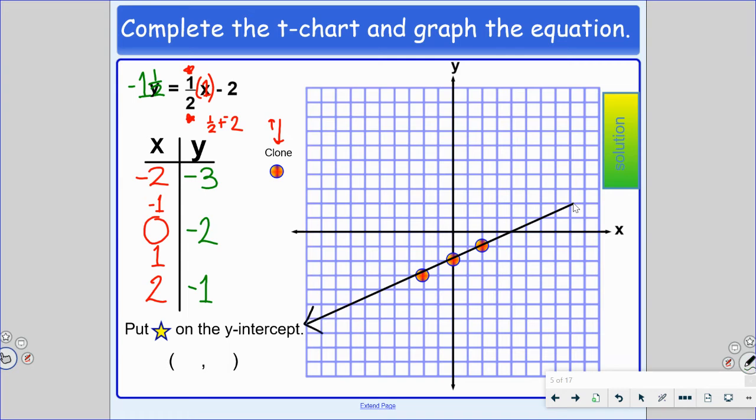After all, just because my table stops, just because the coordinate plane seems to, it doesn't really stop though, does it? It goes on forever and ever. So again, sorry for that mistake, when x was +1, y is -1.5. Does that fit? +1 to the right, -1, yeah, it works.